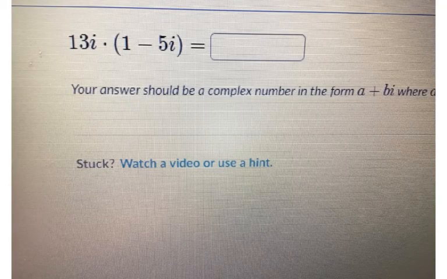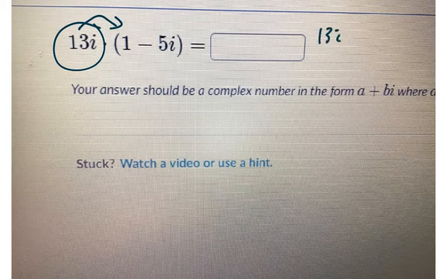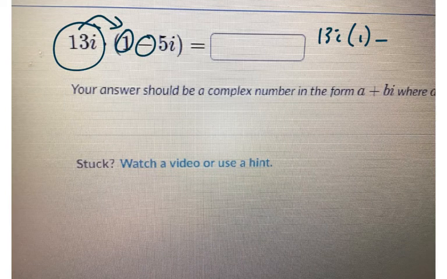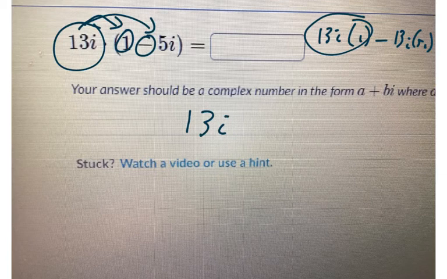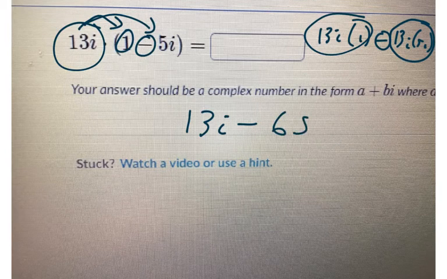All right, let's take a look at this one here. This time we're distributing 13i. 13i times the 1. There's a minus. Watch your minus. 13i times 5i. 13i times 1, of course, is just simply 13i. I have a minus again. What's 13i times 5i, though, is 65i squared.